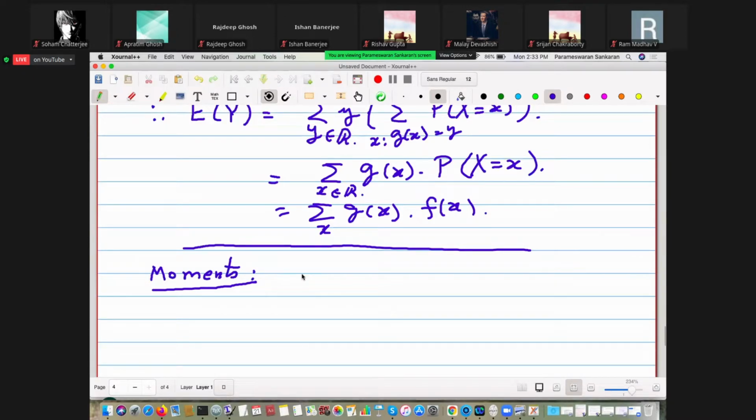The kth moment, m_k, the kth moment of a discrete random variable. Later on we'll do continuous random variables also, but for now, discrete random variables.